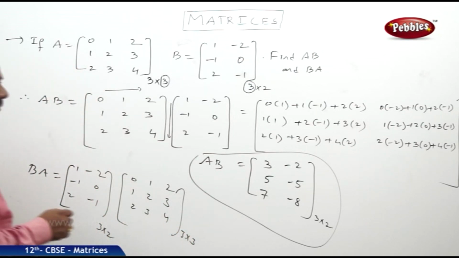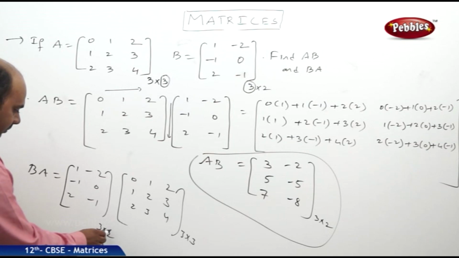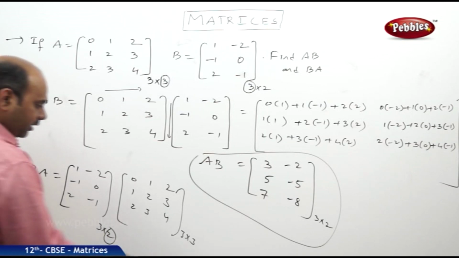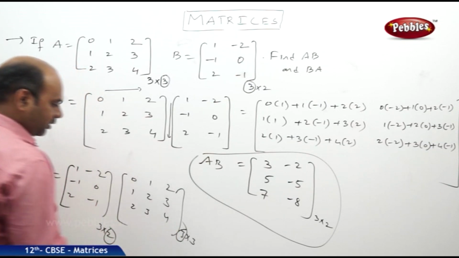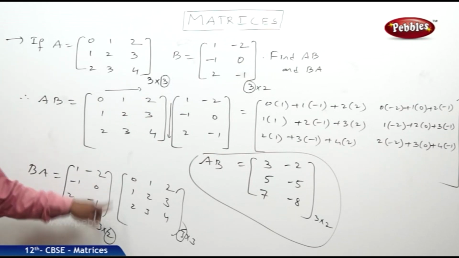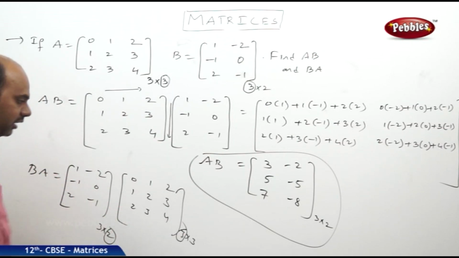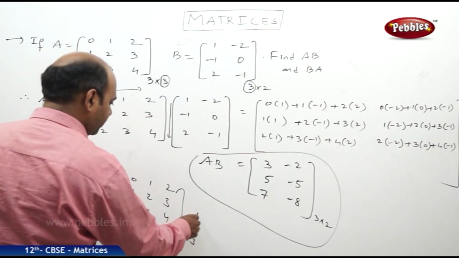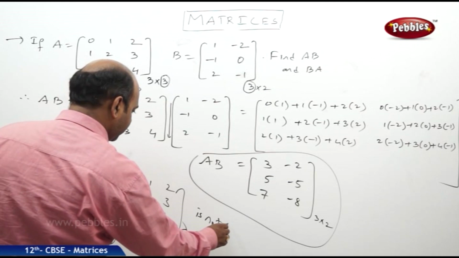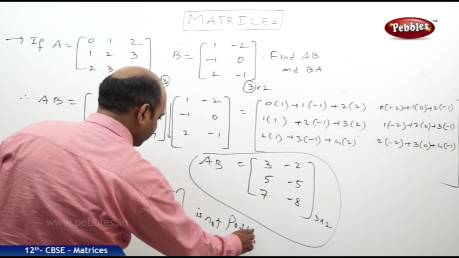So for conformability of matrix multiplication, the number of columns of the first matrix should be equal to the number of rows of the second matrix. But here columns are 2 and rows are 3. Therefore, matrix multiplication of BA is not possible.